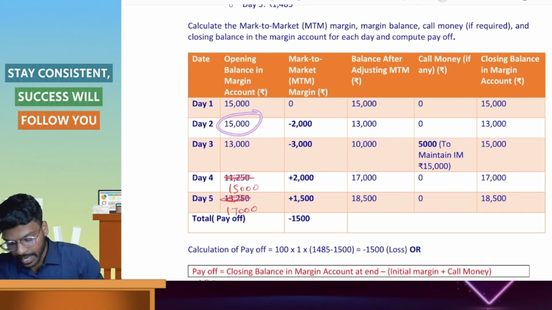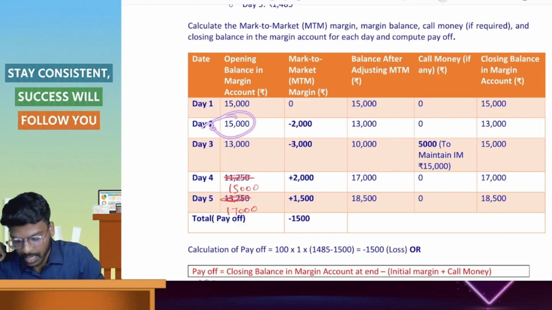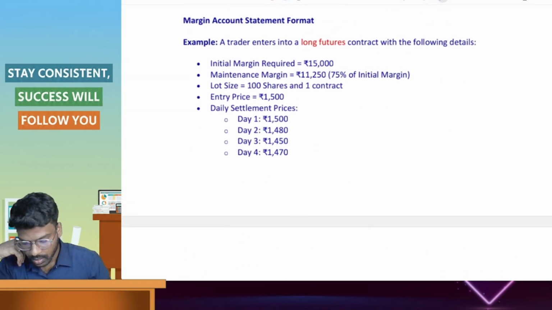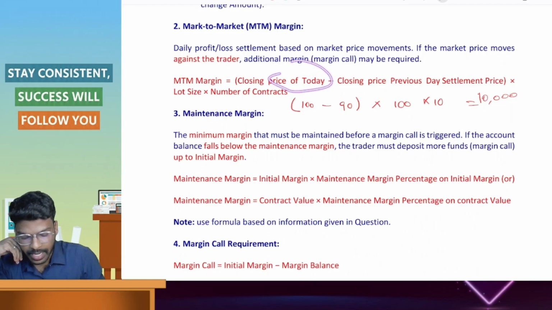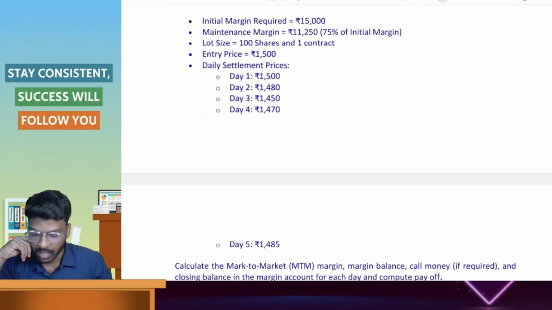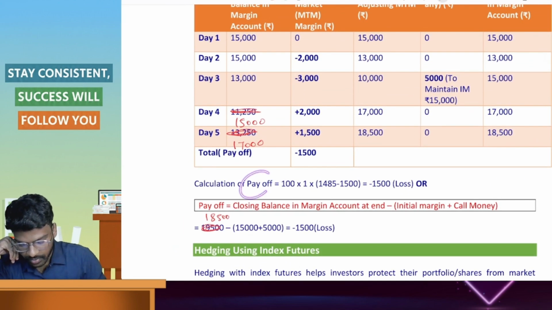On the second day, yesterday's closing balance will become the opening balance of today. So we have to compute mark to market margin: closing price of today minus previous day, multiplied with the lot size and the number of contracts. So that is the payoff on day 2.